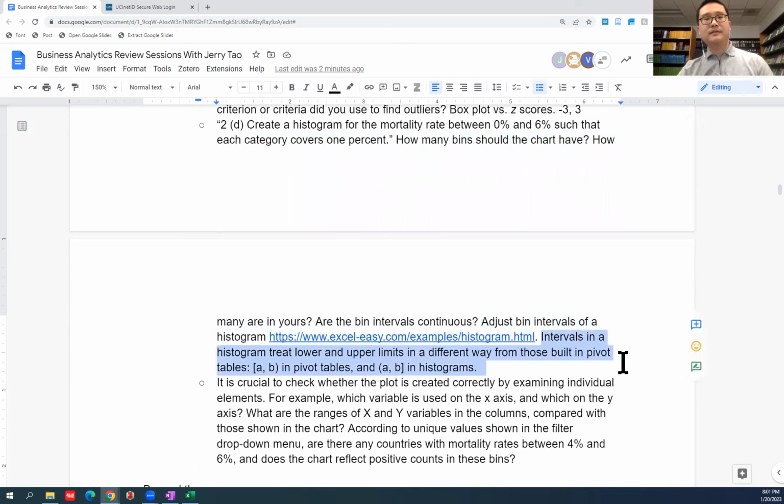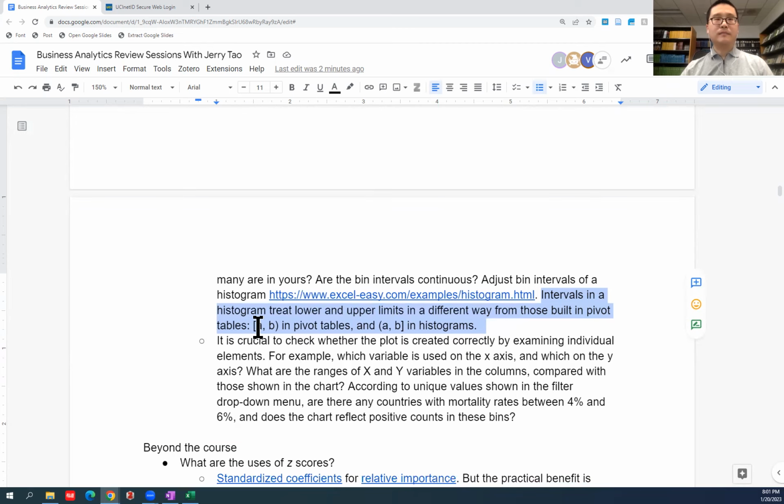Some students noticed that the histogram they built from a pivot table looks different from those built with the automatic histogram. I found the reason. It's because of how the intervals are defined in these two functions. They are different. In pivot tables, the interval has the left limit included, but in the histogram, the right limit is included.